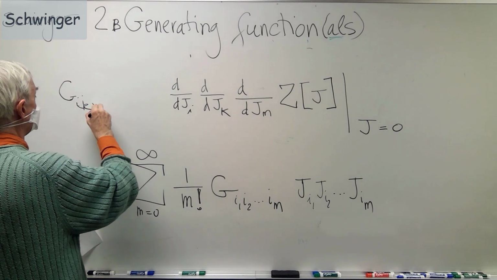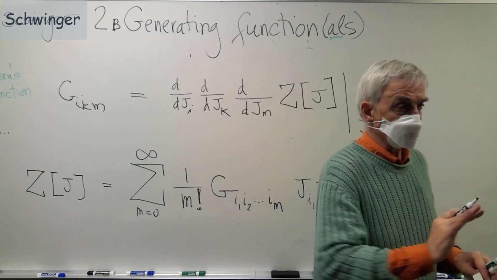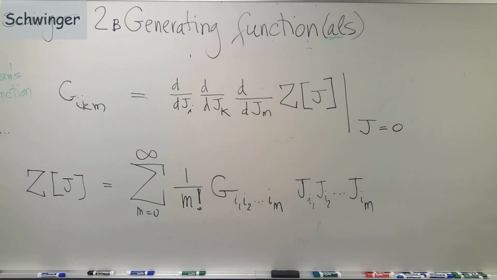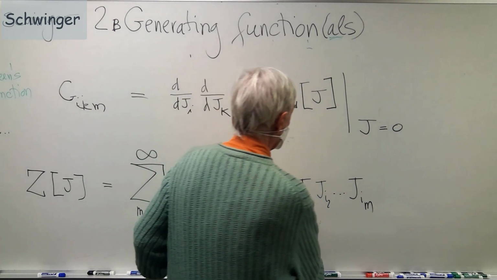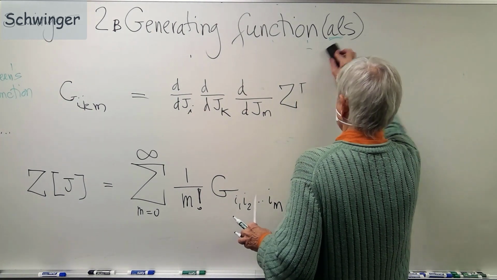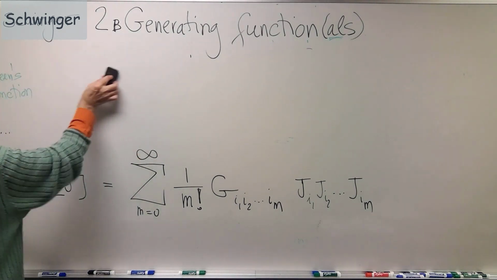If I have m derivatives, I'll get the Green's function with m legs. And that combinatorial factor is helpful because in the process of doing this, it'll cancel out, and I've lost no information.